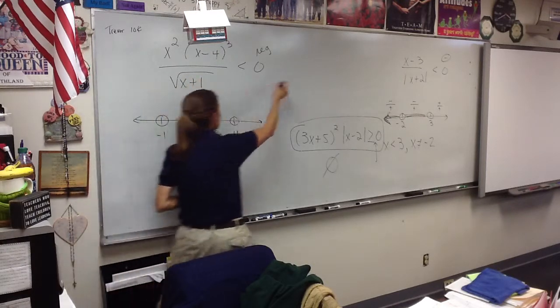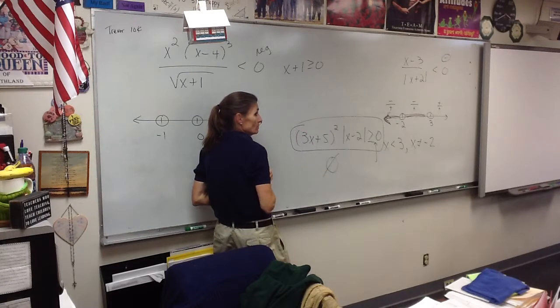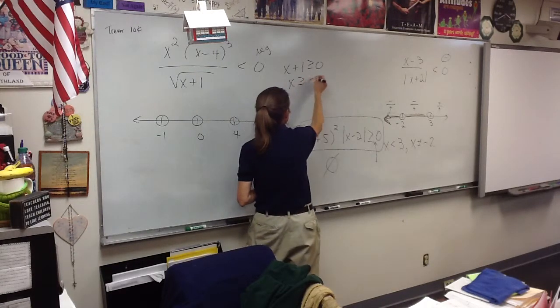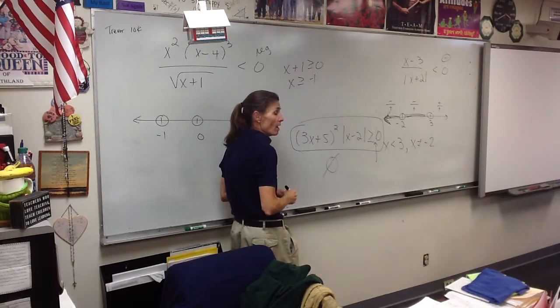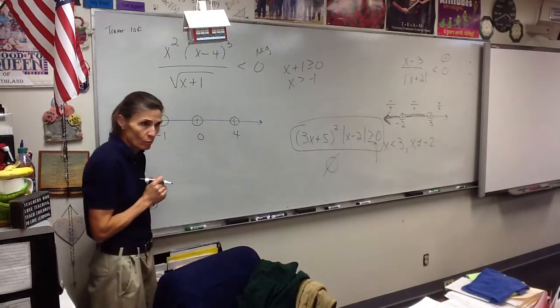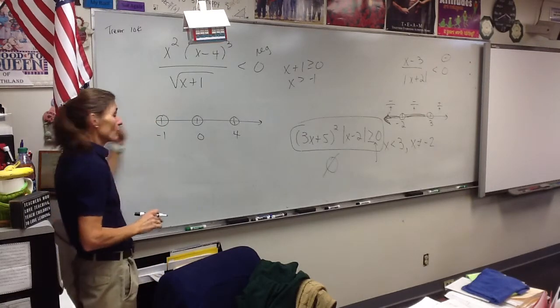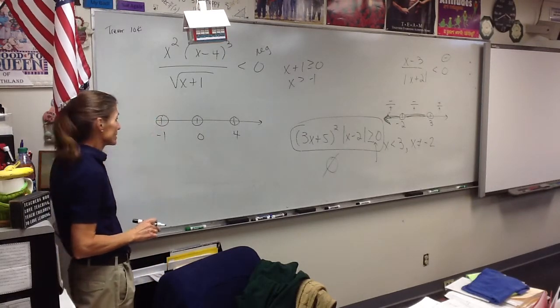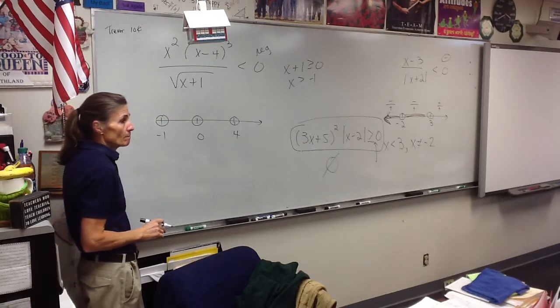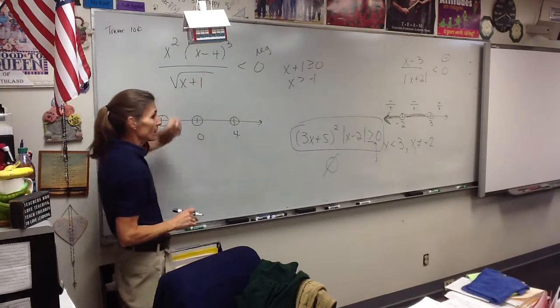Whatever is under the radical has to be bigger than or equal to 0. So x has to be bigger than or equal to -1, but wait a minute, it's in the denominator, so it can't even equal -1. It has to be bigger than -1. So there goes that part of the number line, erased. You can't have an x over here, or that will be imaginary.